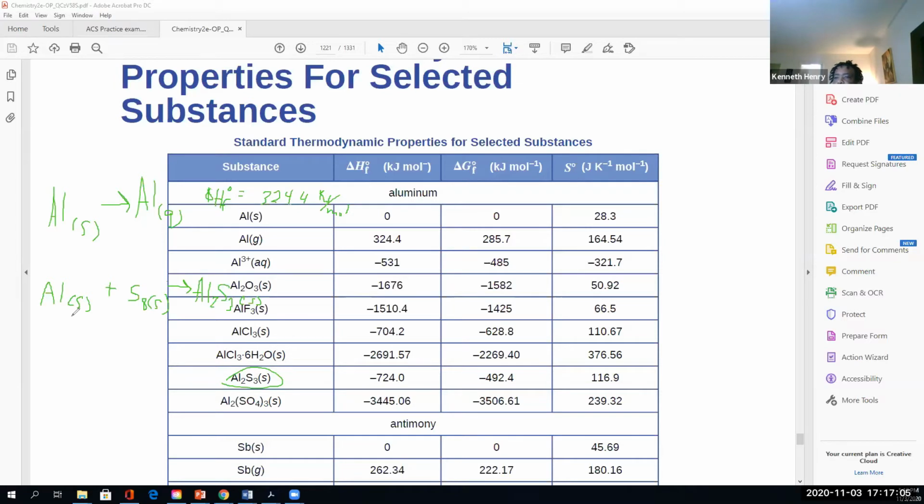So how do we balance this? We need 2 aluminum. And how many sulfur? Just 3, so it'd be 3/8.